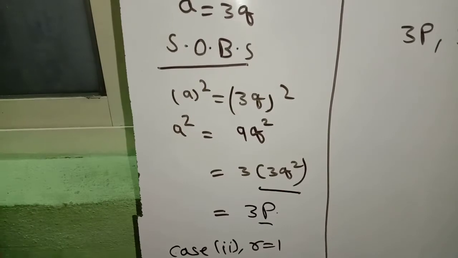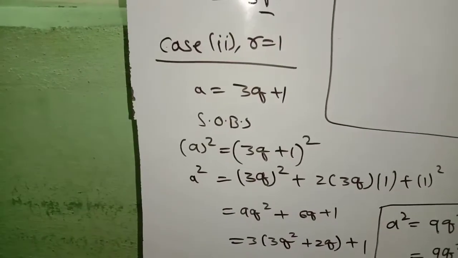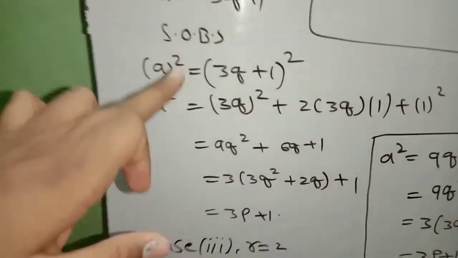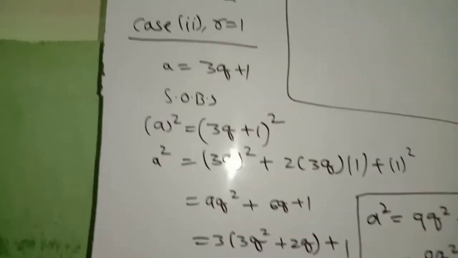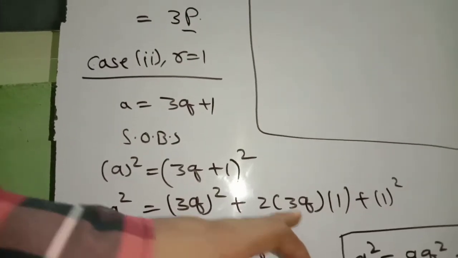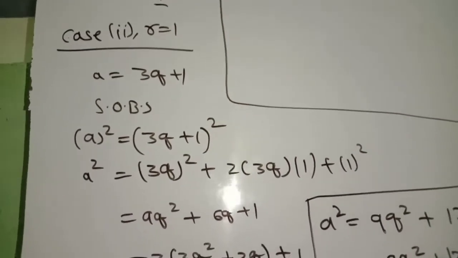So now it is case 2, r is equal to 1. So now a is equal to 3q plus 1, and again we have to square on both sides. So a square is equal to (3q) whole square plus 2 of 3q of 1 plus 1 whole square, according to the formula of (a plus b) whole square.